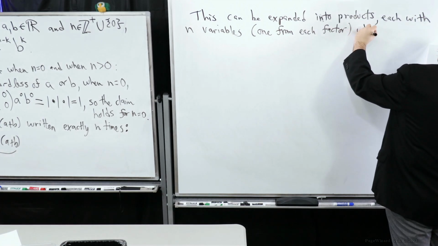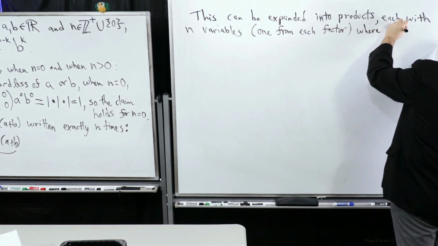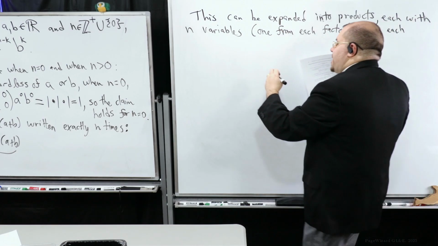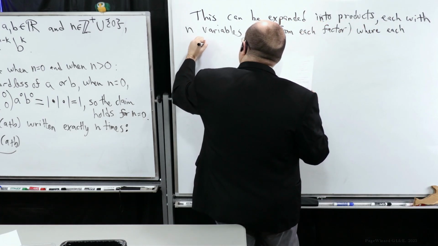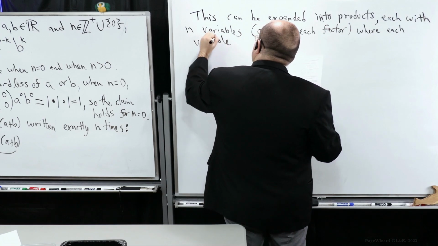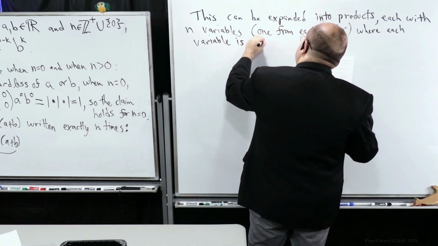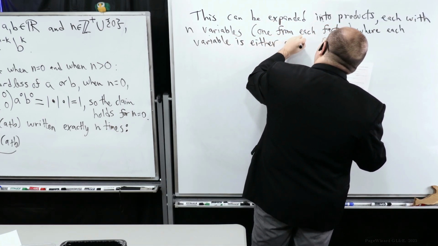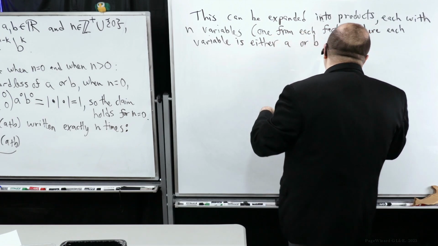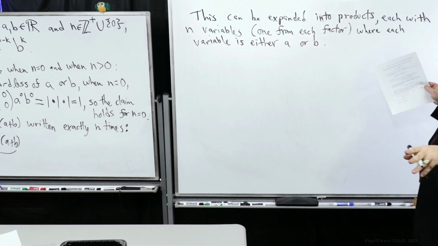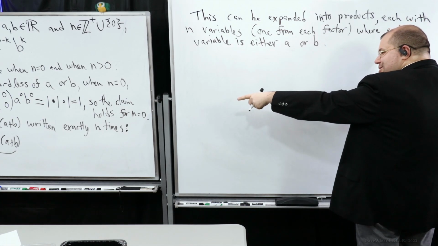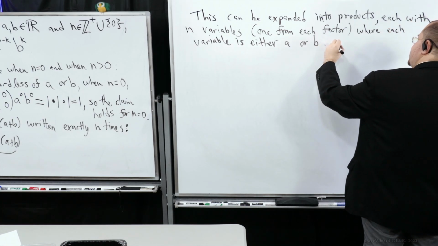Where each variable is either a or b, right? Now there's n factors, right? So we can say something a little better than just what we have down over there.